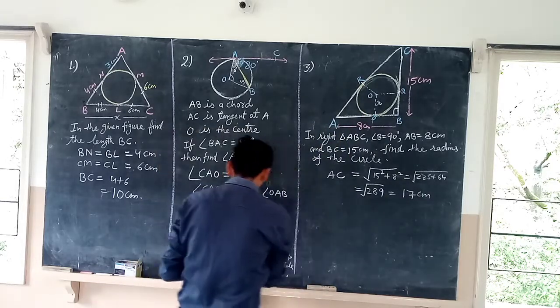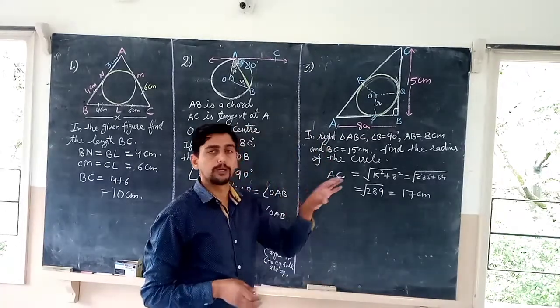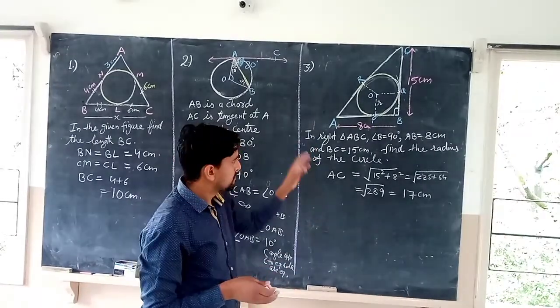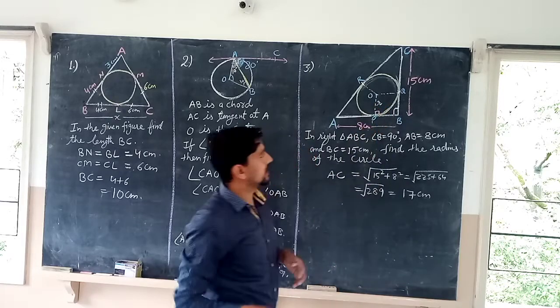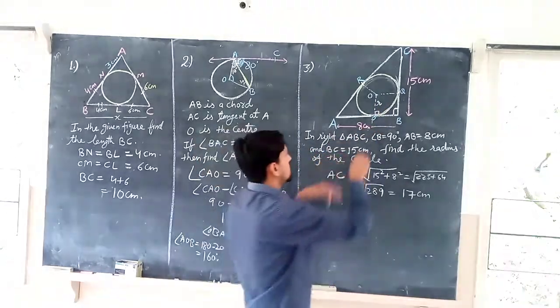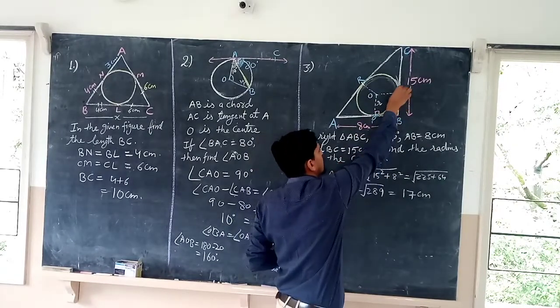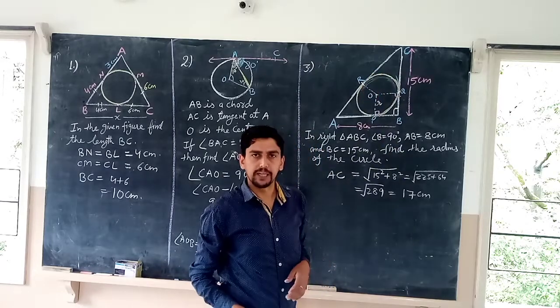Now in this question I will use both the properties of tangents, because without them I cannot solve this, right? How? The tangent is perpendicular to the radius. So this is the radius, this is the tangent, so this is perpendicular. Again, this is the tangent, this is the radius, so this is also perpendicular.